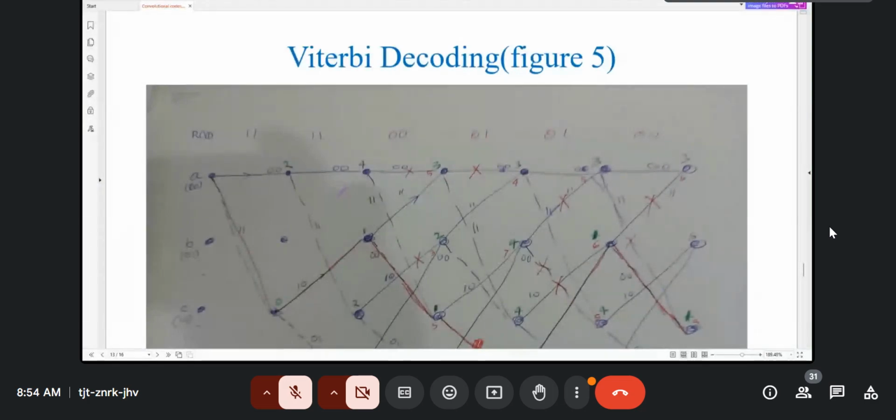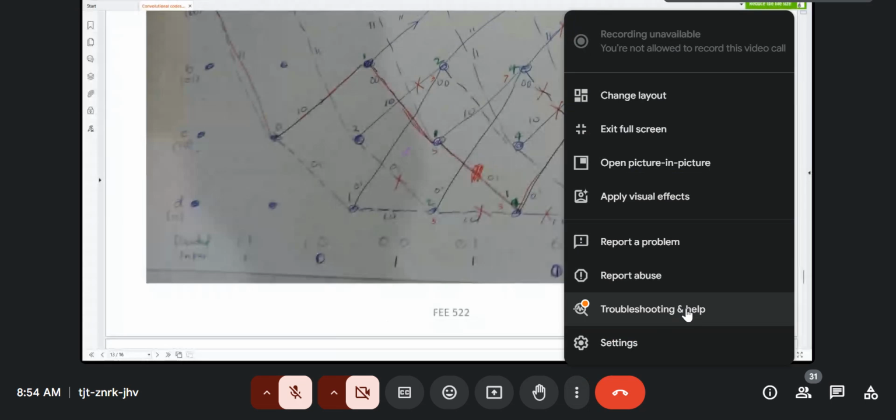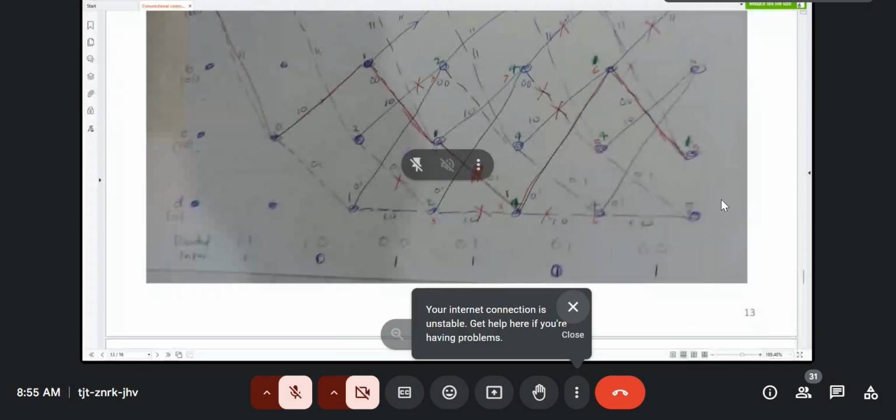Because we want to see, let's say you received, well, at the receiver, we don't know what was sent. But this is what is received.